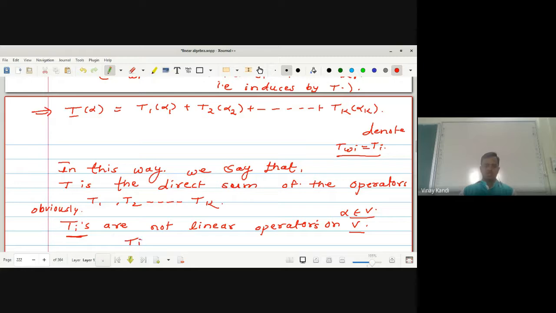Okay, Ti of alpha is equal to T of alpha for all alpha belonging to Wi. For alpha belongs to V, we don't know how this Ti works. Okay, so that's why here Ti are not linear operators on V.